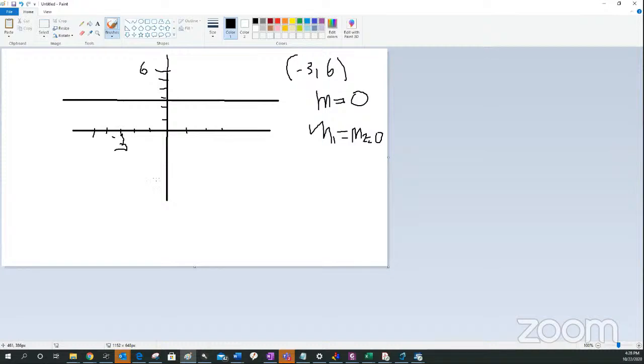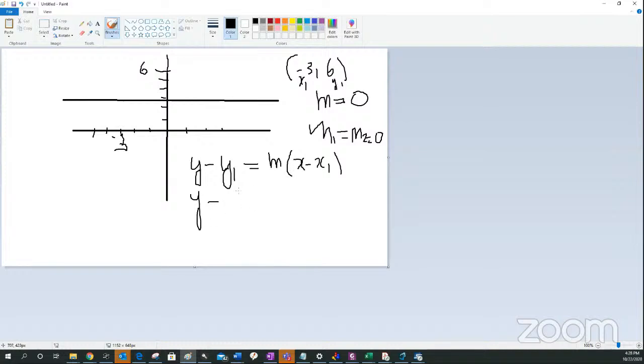So if you want, you can also write your equation like we mentioned: y minus y1 equals m times x minus x1. So you can write it that way. This is your x1, and this is your y1.